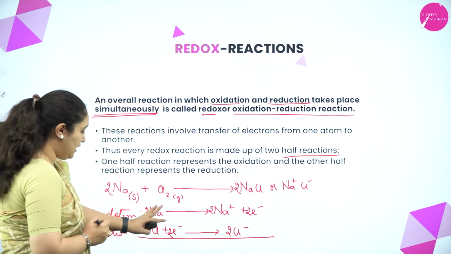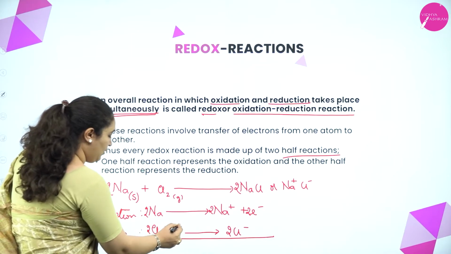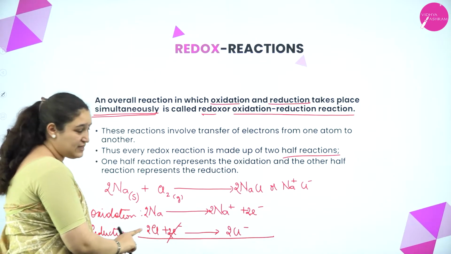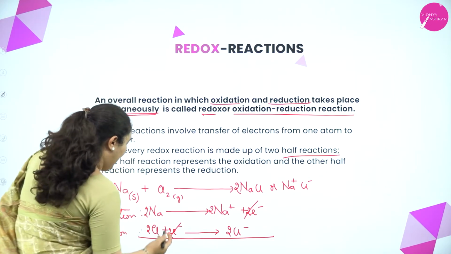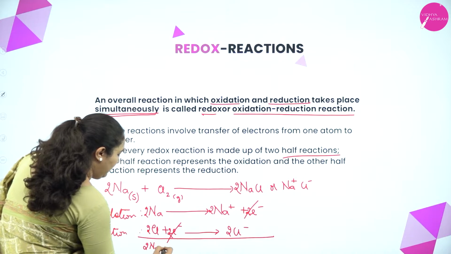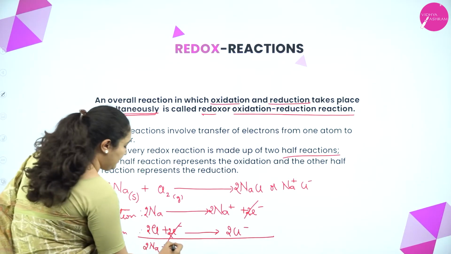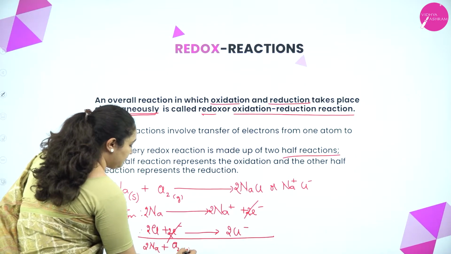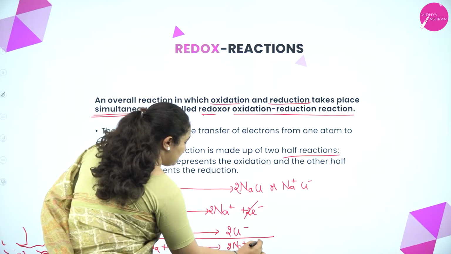Okay. Now, if you add these two reactions, what will happen? 2 electrons on the left hand side and 2 electrons on the right hand side get cancelled, and it will be 2Na plus chlorine, Cl2, I will write it as chlorine gas, will give 2Na plus Cl minus.